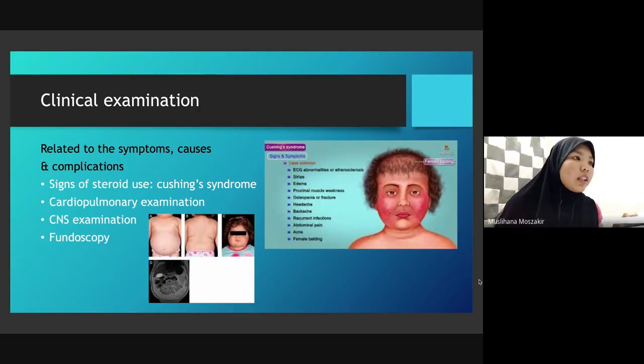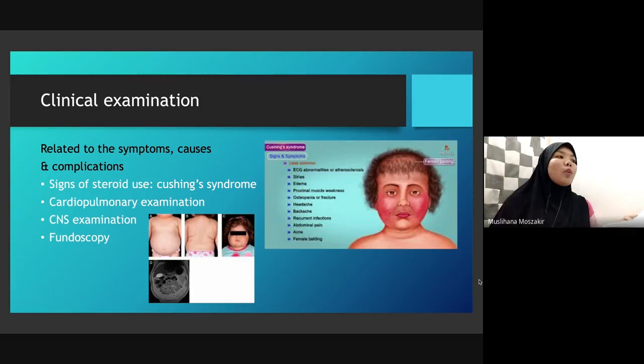As in the picture, they might have edema, balding, facial edema, and proximal muscle weakness. So they might have that presentation.